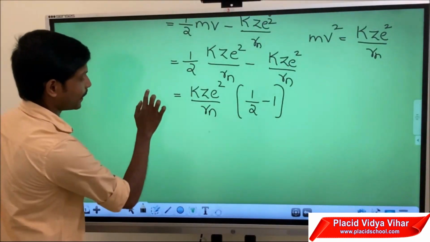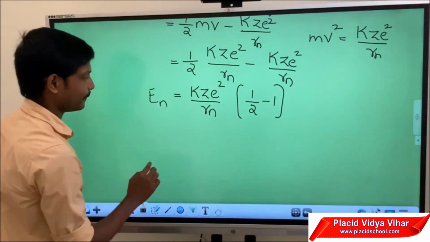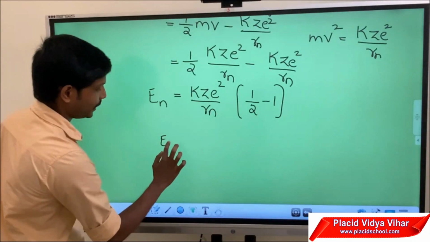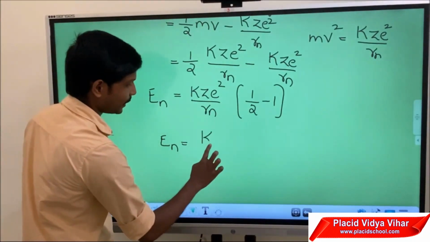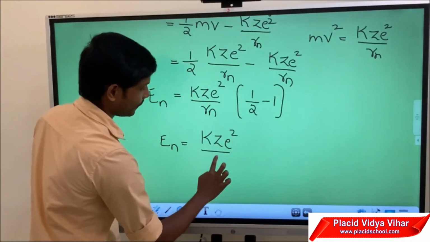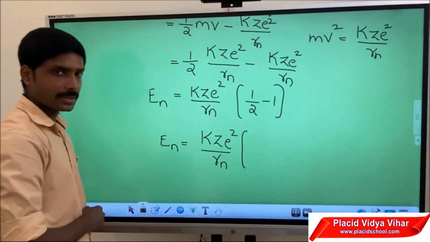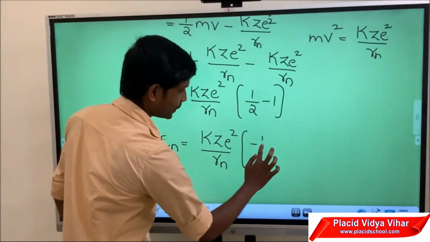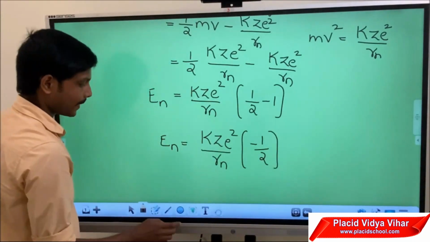Let us denote it as E n. So E n equal to k z e square by r n. Taking the LCM, we will get minus 1 by 2.